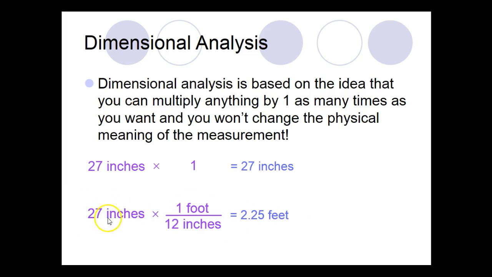So 27 inches and 2.25 feet are the same thing, so maybe the question required the answer in feet instead of inches, and we multiplied it by 1 to get the same exact measurement. So remember, inches and inches will cancel out. If the problem is asking for feet, we're going to be left with feet.